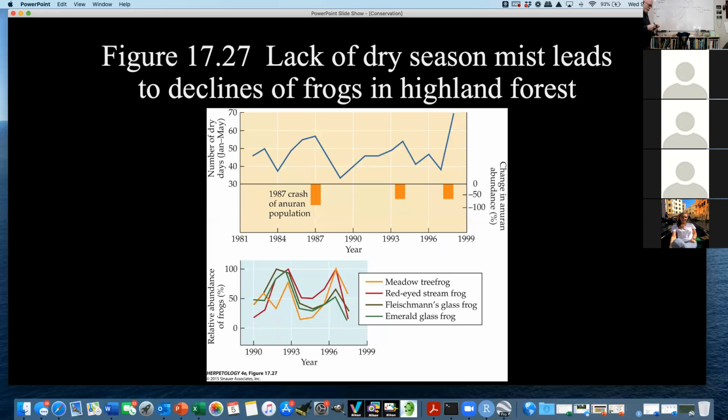For example, they've been tracking this for decades now in Puerto Rico. And as the climate warms, the cloud condensation level that used to be at this level back in the 1970s is now a couple of hundred meters higher up the mountain in 2021.